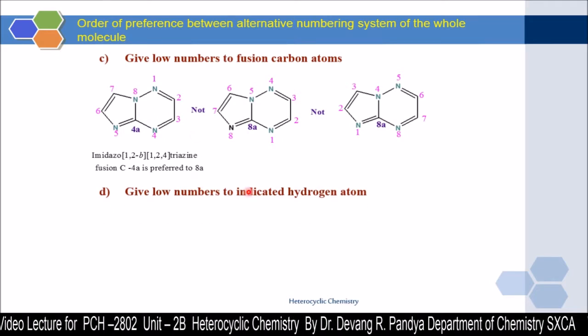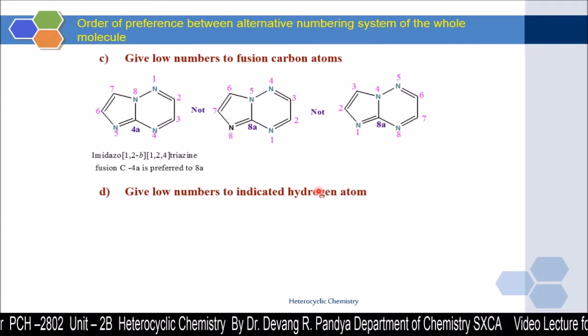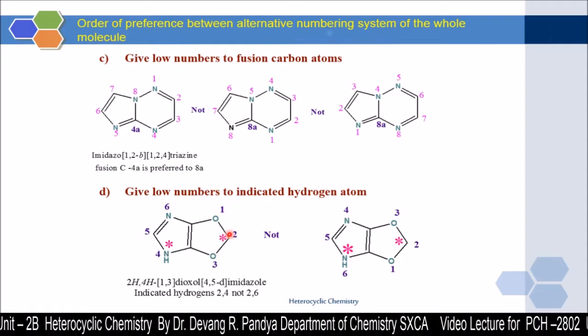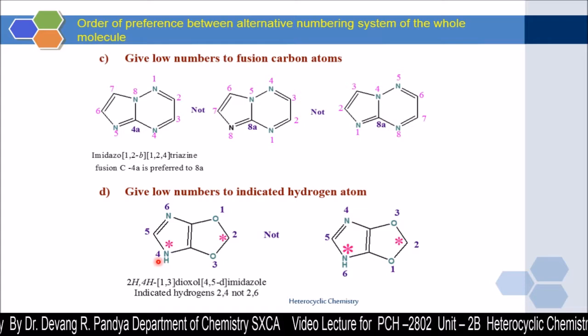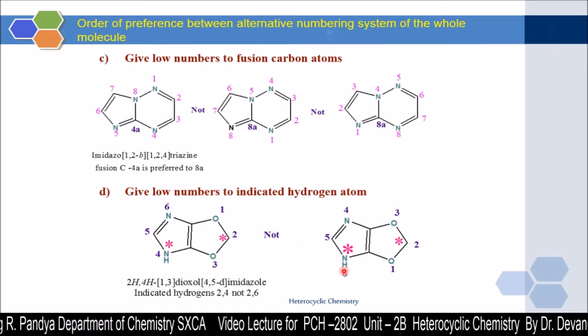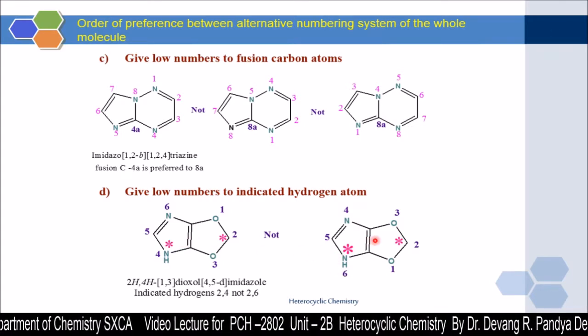Give lower numbers to indicated hydrogen atoms. Here you can see this one is getting a lower number and this one is getting a higher number, so this is considered, not this one.